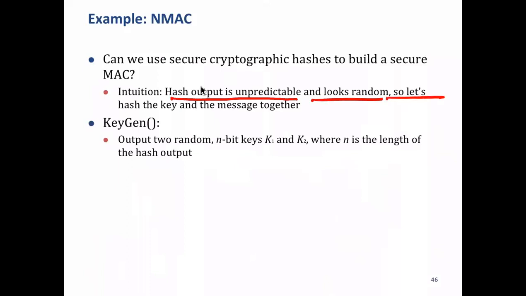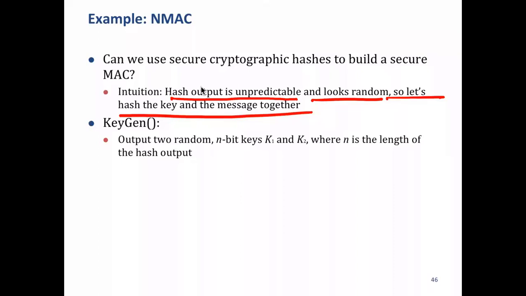So let's also hash the key and message together. We are using a cryptographic key and a message, and then hash them together, unlike what we thought earlier, which was to first hash the message and then use encryption.